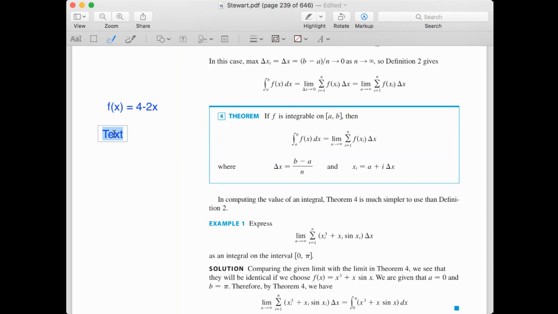We have 5 minus 2 divided by n, which is 3 divided by n. And we have f of this x_i. But this x_i is just 3 divided by n times i, or 3i divided by n, multiplied by 3 divided by n.